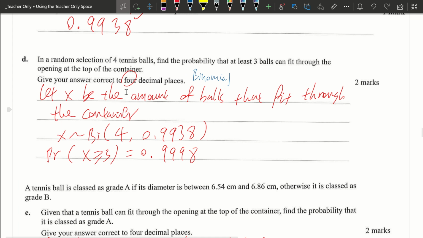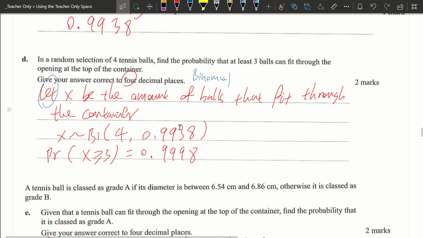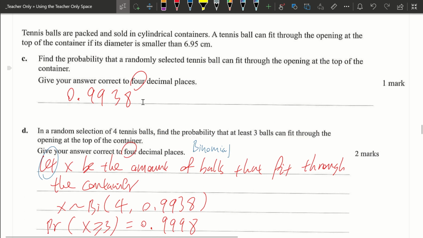You need to make a new variable and define it. So let X be the number of balls that fit through the container, and it's a binomial distribution. The number of trials is 4. Chance of success is 0.9938 because that came from the previous question.